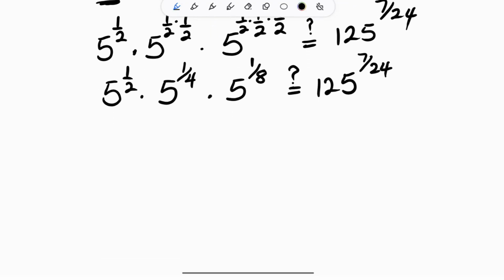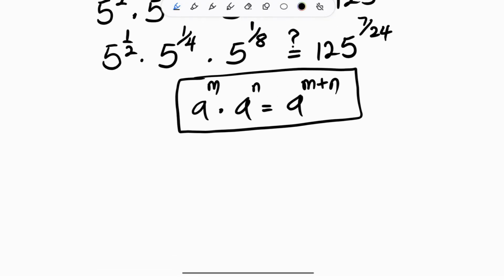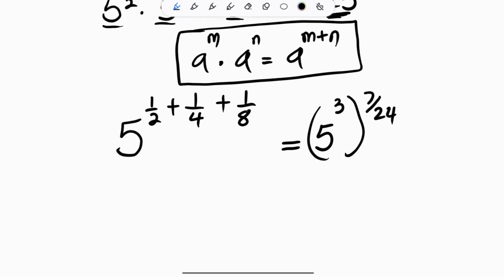We're trying to see if that is going to be equal to 125 raised to the power 7/24. Earlier we stated that a raised to the power m times a raised to the power n is equal to a raised to the power m plus n. So here, because we have the same base of 5, we have 5 raised to the power 1/2 plus 1/4 plus 1/8, and 125 can be rewritten as 5 raised to the power 3 times 7/24.